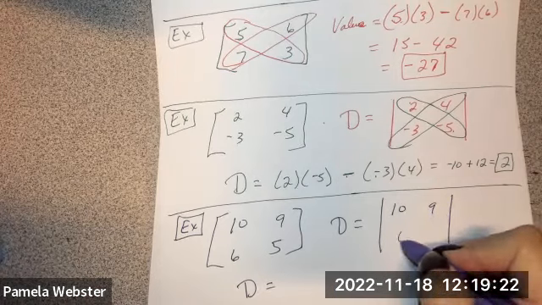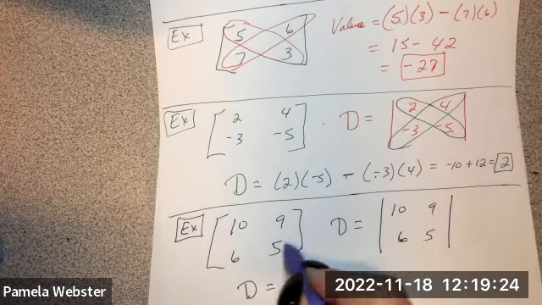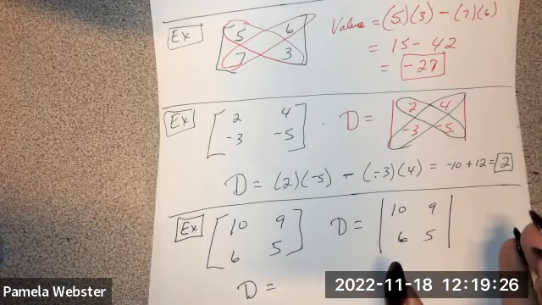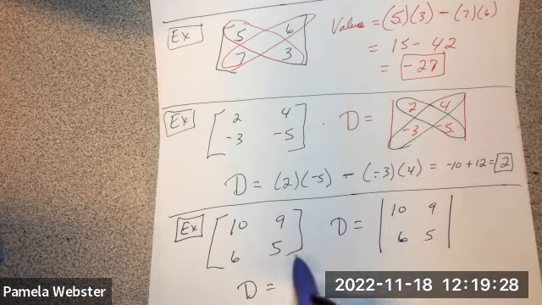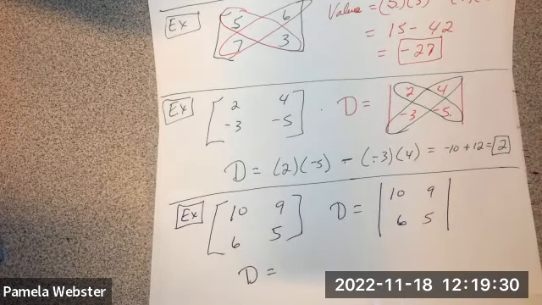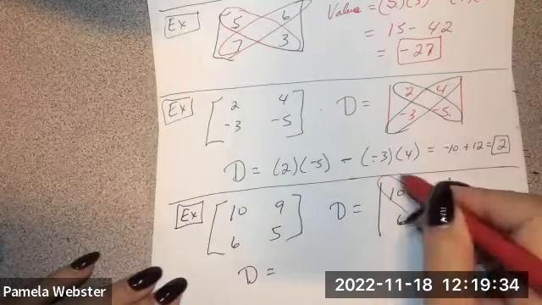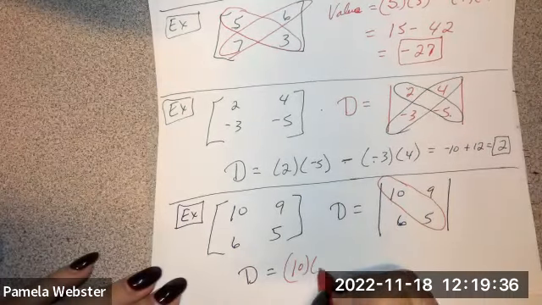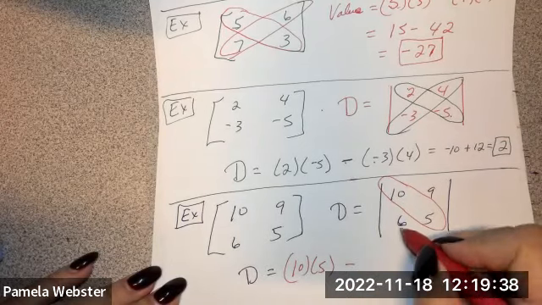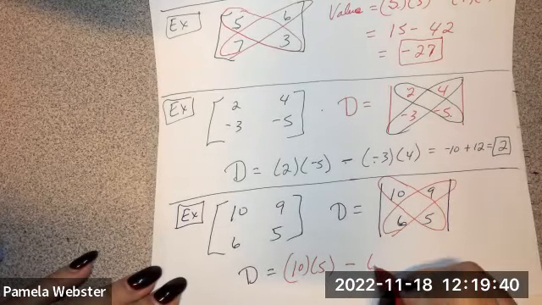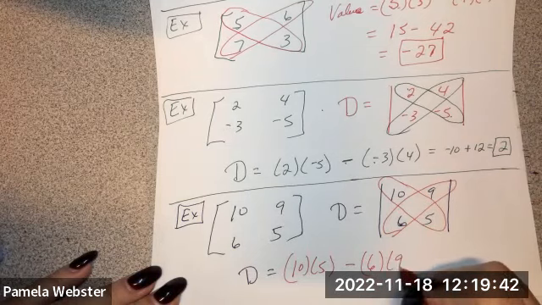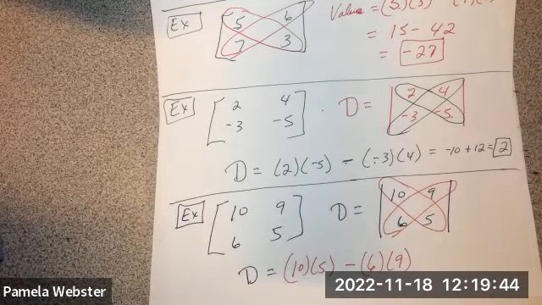So hopefully you're there. 10, 9, 6, 5. This looks exactly like the original, right? It's just got the vertical lines instead of the hard bracket. And then go ahead and find your value. It's not terribly crazy, right?